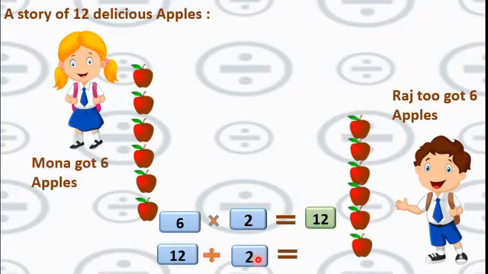How much we will get? 12 divided by 2 is equal to 6. Isn't it? 2 6s are 12. Right? This is nothing but we can show here the interrelationship between division and multiplication. What the students?